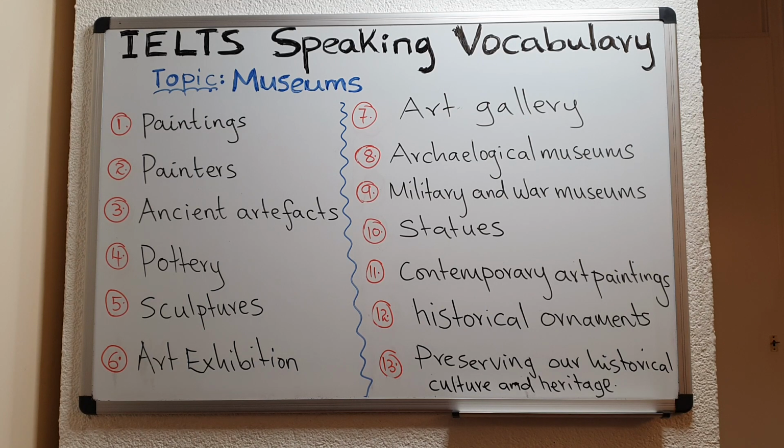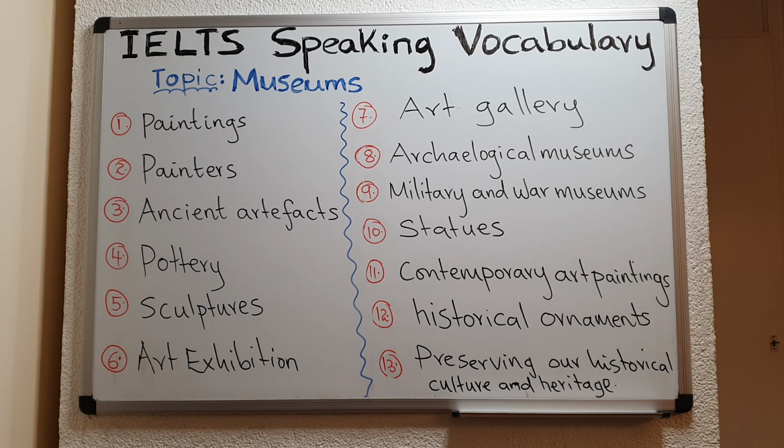Moreover, I saw a lot of contemporary art paintings and historical ornaments. And because it was an archaeological museum, I learned a lot about preserving our historical culture and heritage.